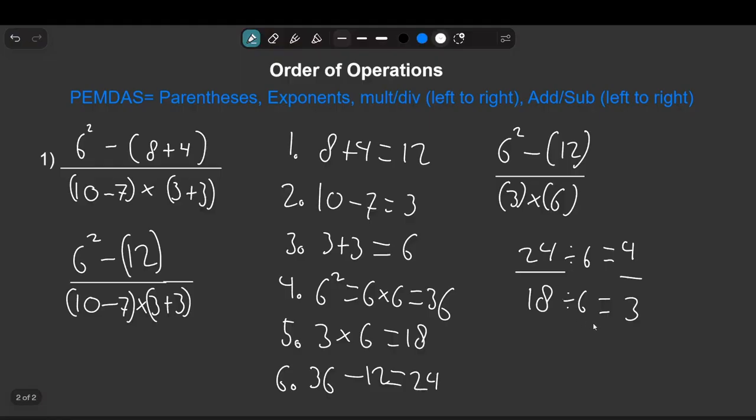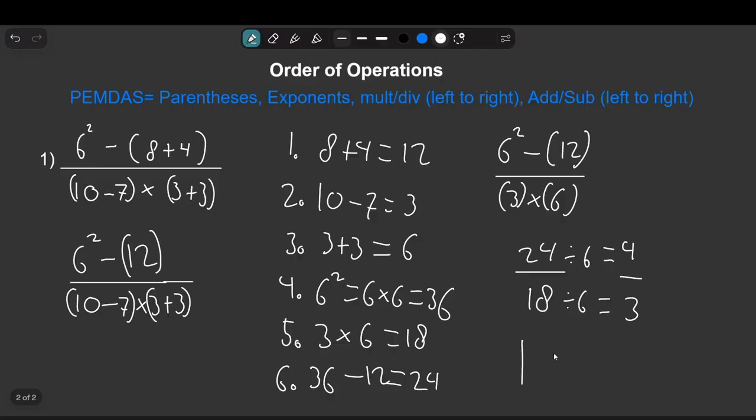But now we are not done. It may look like the simplest way to write the fraction, but as you can see, we have 4 thirds. Now we look at how many times this 3 fits into the 4. That's 1 time.